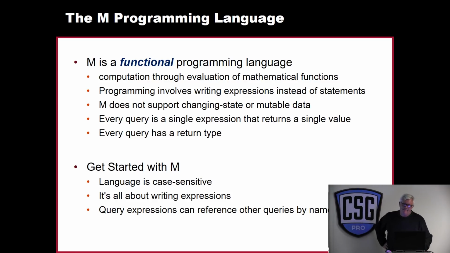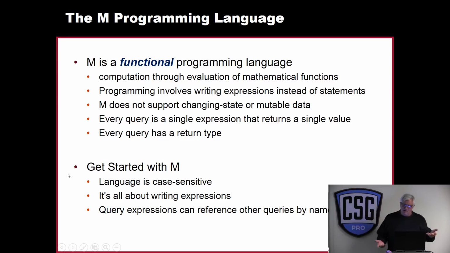fundamentals of working with M. It is a functional programming language, and if you program with VBA, VB or C#, those are procedural languages. The idea of a functional language is that you write a series of functions that get evaluated. I'll write function 1, which calls function 2, and when we evaluate function 1, it has to evaluate function 2 and then evaluate function 1.